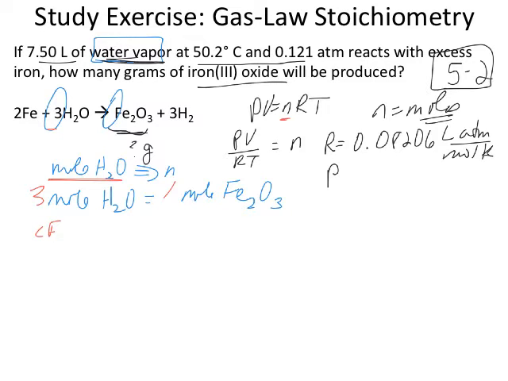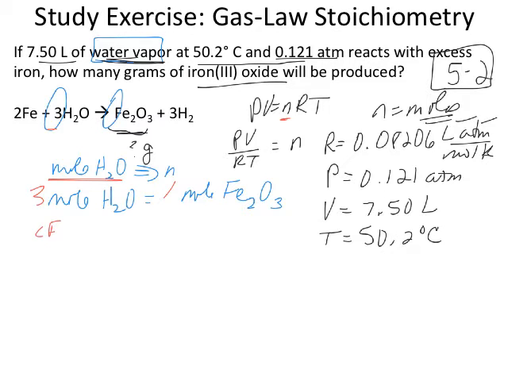Now, what's our pressure? There's the pressure. 0.121 atmosphere. That's exactly what we need, atmosphere. What is our volume? 7.50 liters. It's in liters. We got liters and atmosphere. We're good there. Temperature. What's our temperature? 50.2 degrees Celsius. Can we put that in the equation?